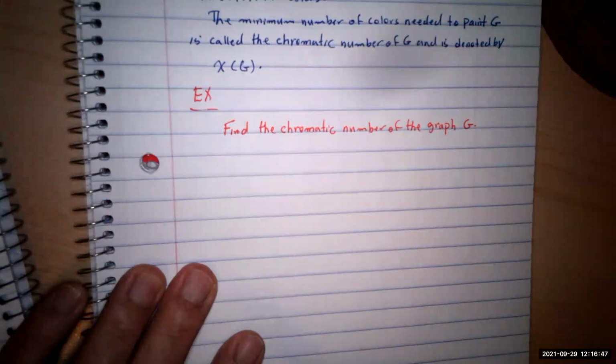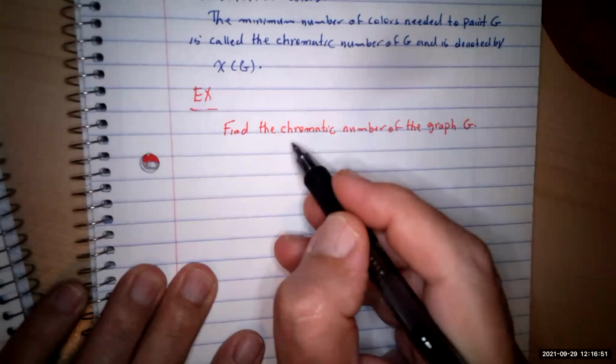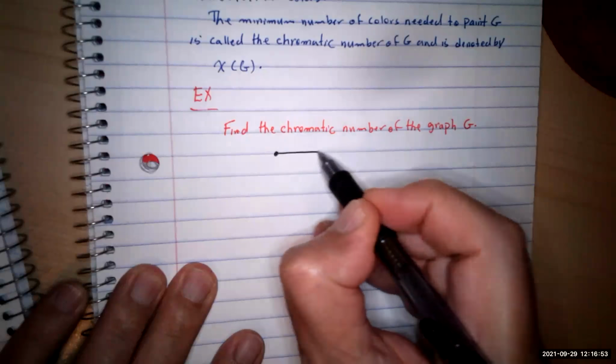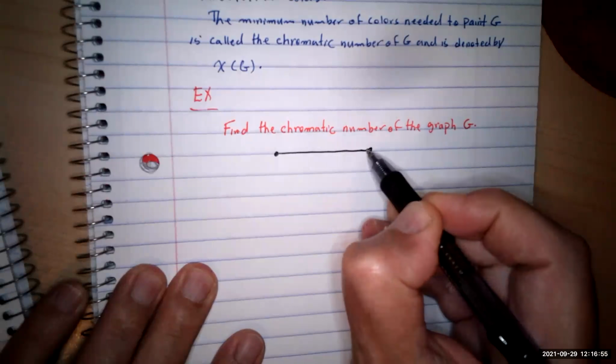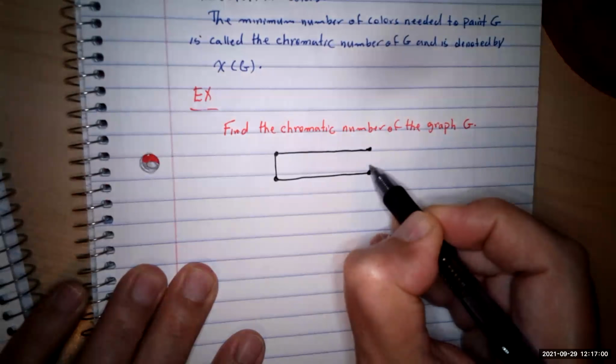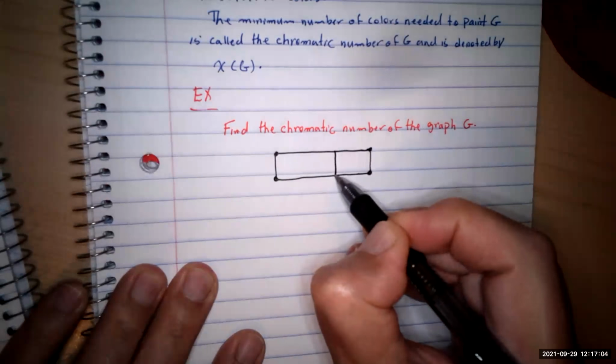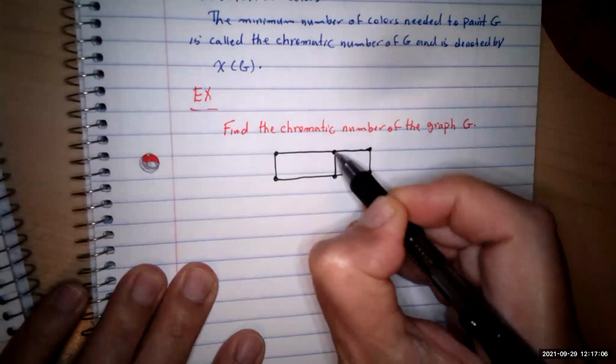Let me just get the graph done and then you can graph it yourself. So this is going to be the graph that we have. You draw the graph yourself and eventually it's going to be like this.